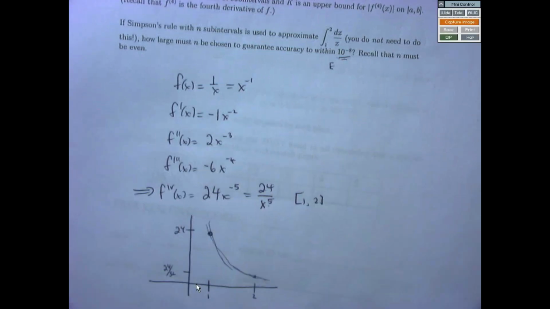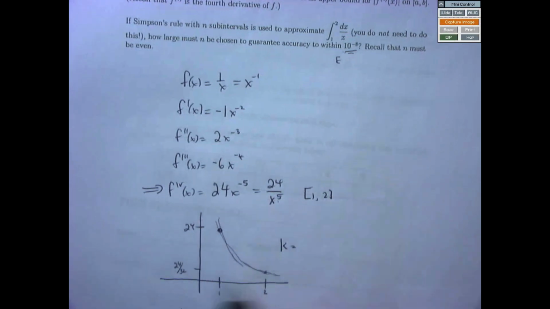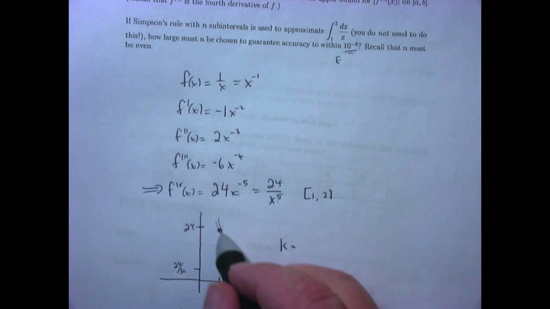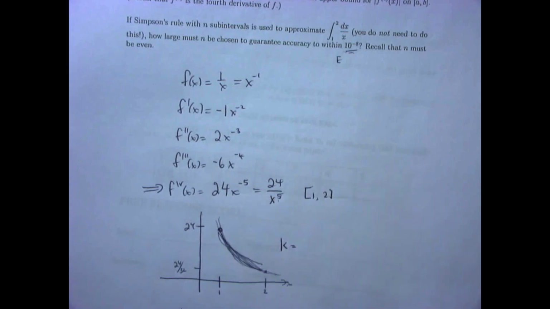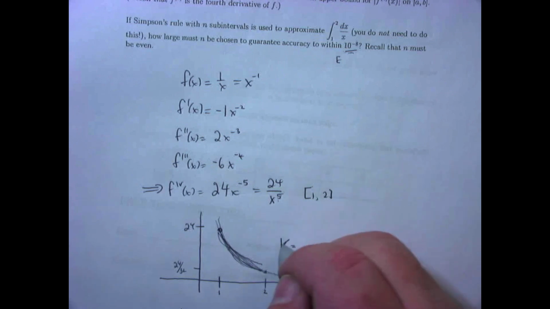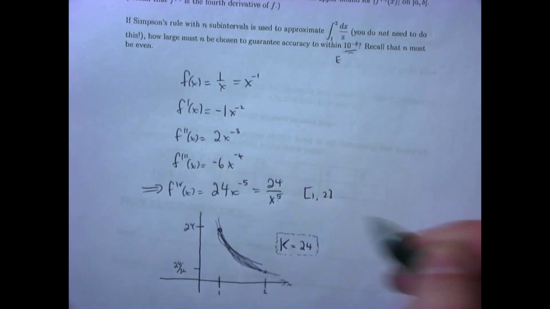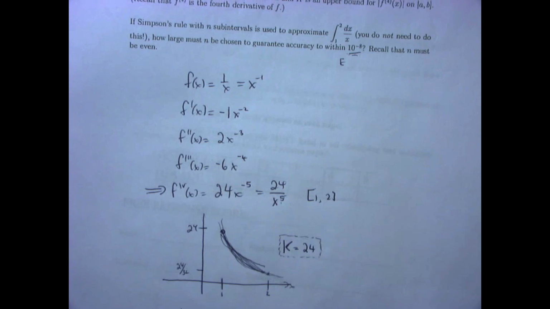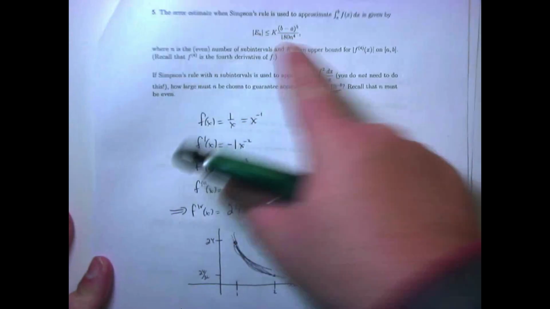What is the k value? What is the maximum distance away from the x-axis within this region? What's the largest y-coordinate you have here? The k value is 24. This is what we were looking for in this problem to get partial credit. You had to tell me first what the k value is, because that's what you need for this formula.